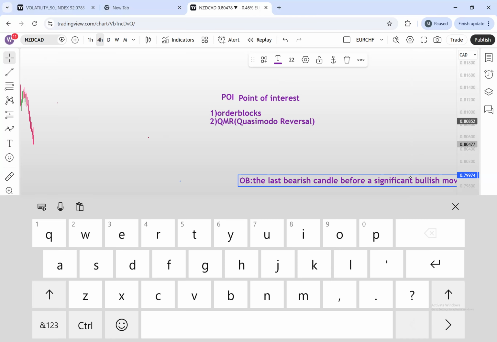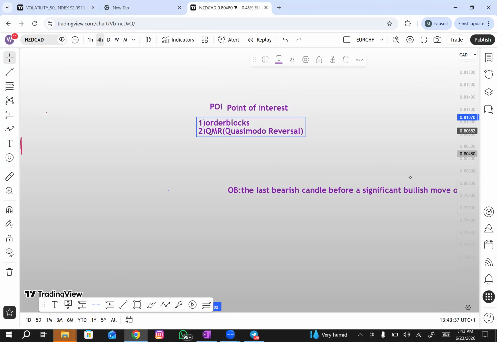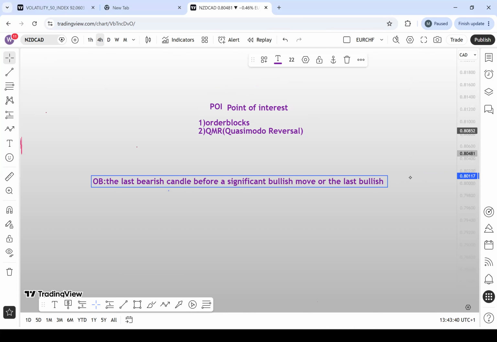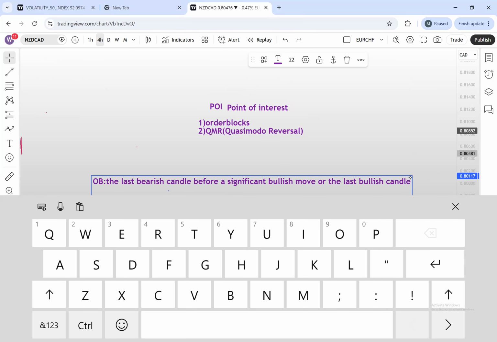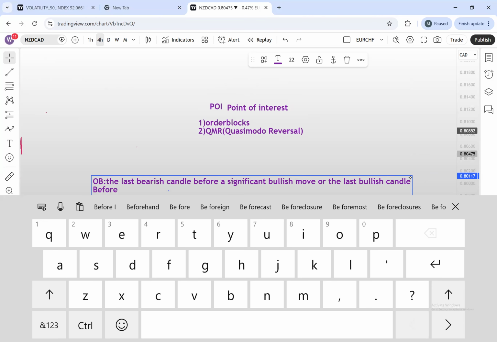Or the last bullish candle before a significant bearish move that leads to a BOS.